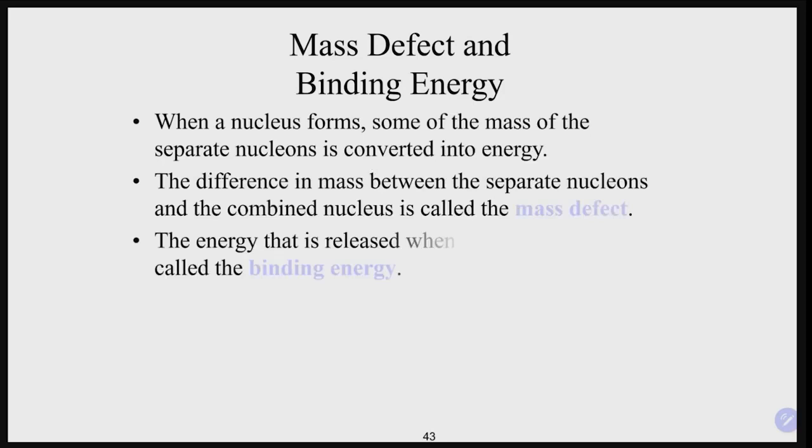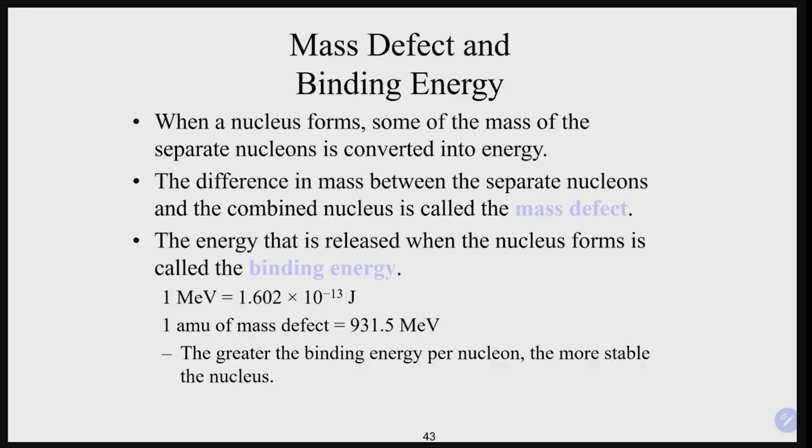Now, that mass defect, as I mentioned a second ago, is really the mass that is going to be converted into energy through this process. And the energy that's released when we do form that nucleus is sometimes referred to as binding energy or nuclear binding energy. And there are a couple of conversions here that can be helpful when we do these types of problems, and they're based off of E equals mc squared.